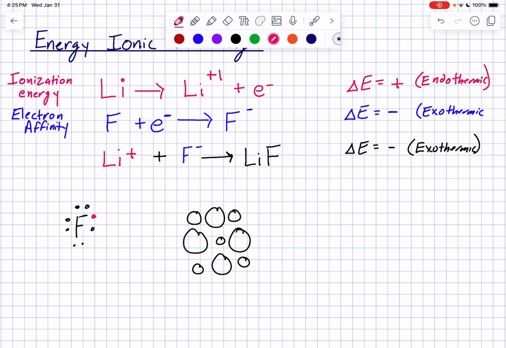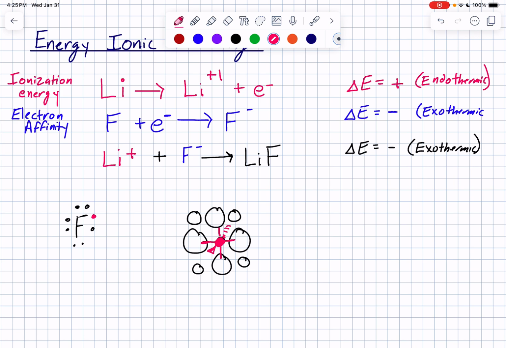So if I want to talk about this atom right here, this atom has an attraction to this negative anion, to this anion, to this anion, to this anion. The anion in front of it, and the anion behind it. And so there are 6 attractions occurring here.